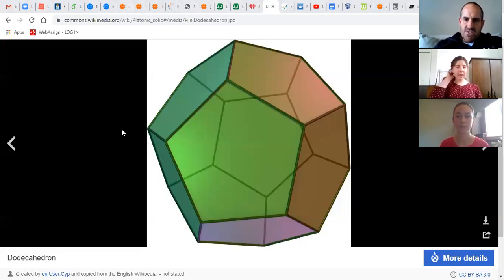Okay, so it seems like you have 5 edges around the top pentagon. Yeah. And then do you see the 5 edges going down here, here, here, here, and here? That's 10 edges with the pentagon upstairs and the 5 going out. And the same thing is going to happen on the bottom. You have 5 and 5, right?